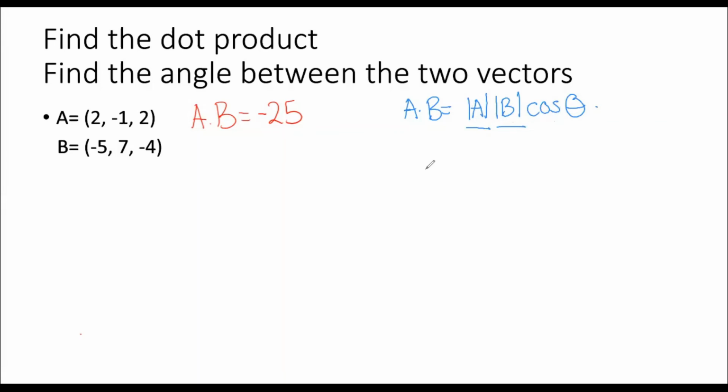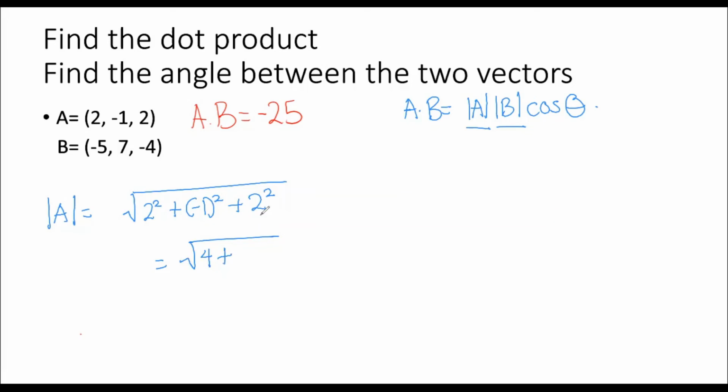So again, we're trying to be a bit faster now. The magnitude of A will be equal to the square root of 2 squared plus minus 1 squared plus 2 squared. So 2 squared is 4, plus minus 1 squared is 1, plus 4.